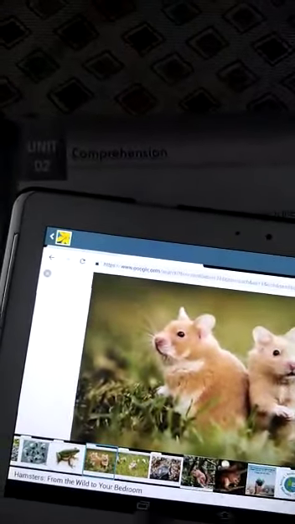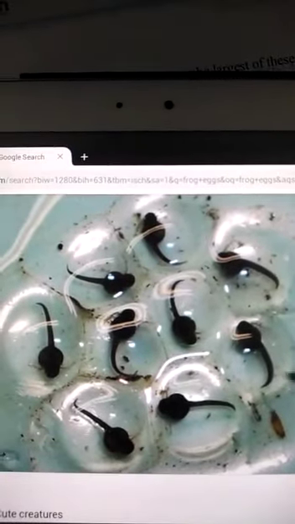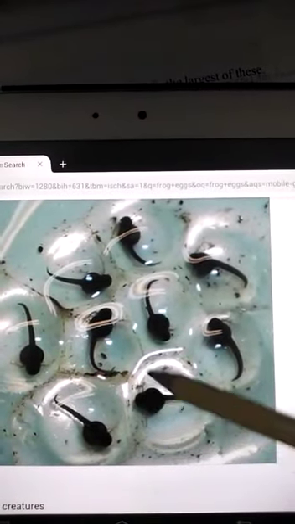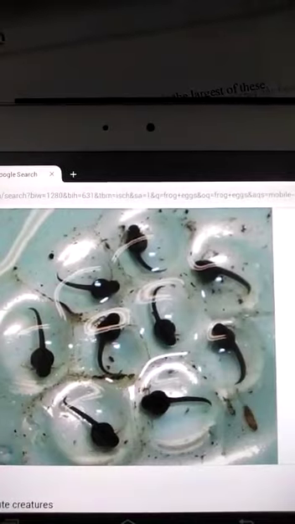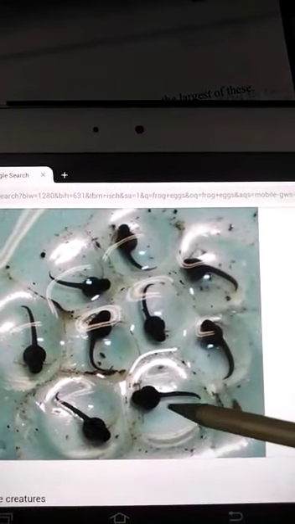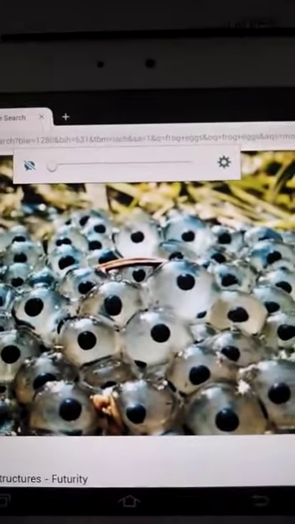And I can show you some pictures of the frog spawn. Here is frog spawn. Little eggs of the frog, crystal clear, covered. You can see small tadpoles inside the eggs, here in a big huge quantity.